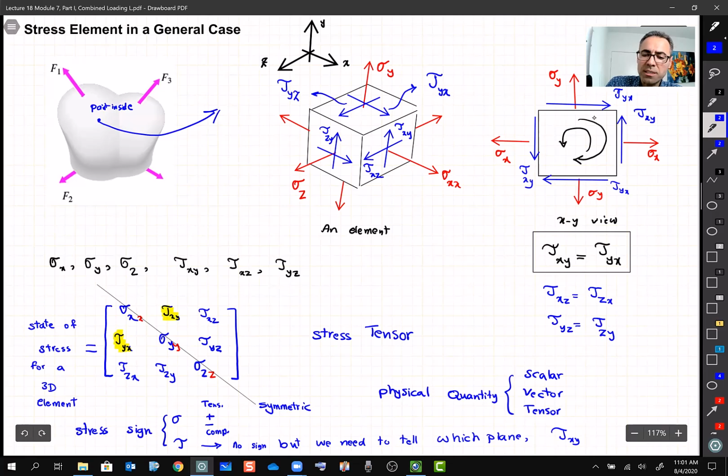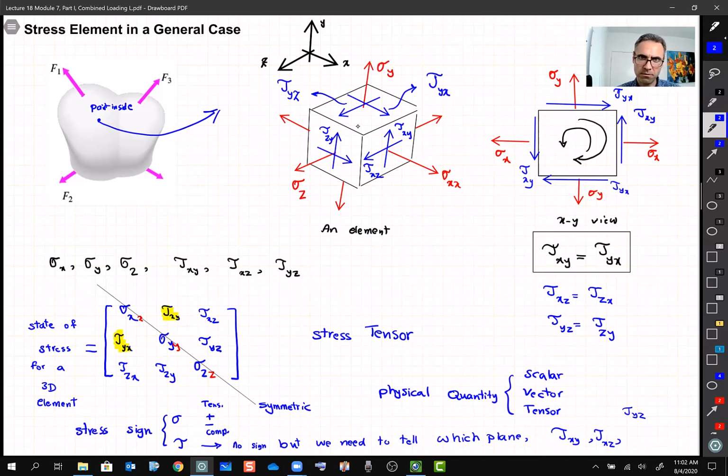Even when I'm showing it in a 2D form like this one, by tau xy you immediately say, okay, my axes are x and y, and this is tau xy, because of this concept that Ahmad told us. Tau xy, tau xz, and so on, and tau yz. All right? So it may look a little bit complicated, but later you'll realize it's not really.